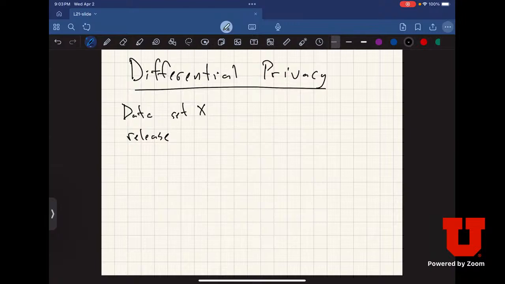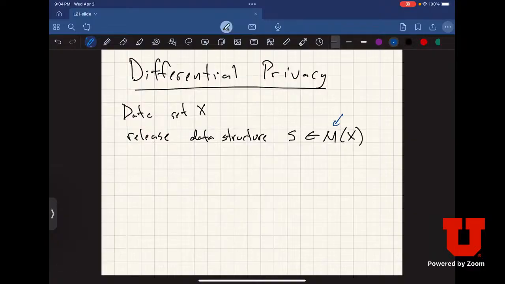So instead, you release some data structure. Usually the data structure is some version of the data set. We'll say S, and this will be through some mechanism on X.